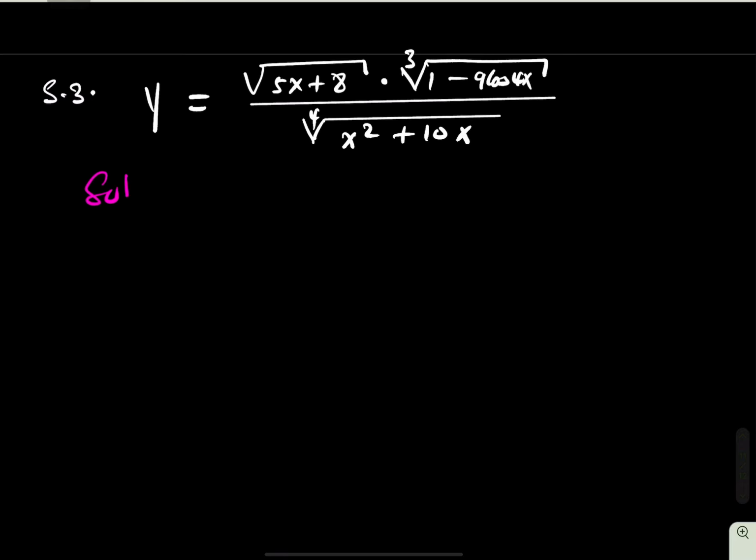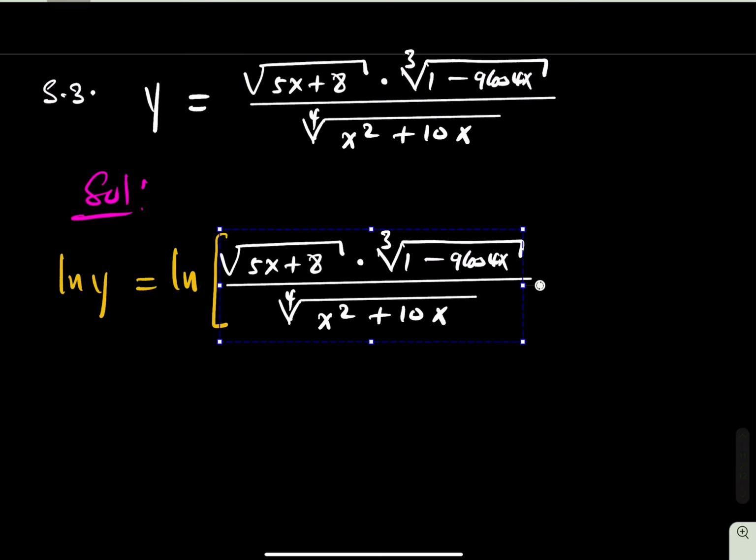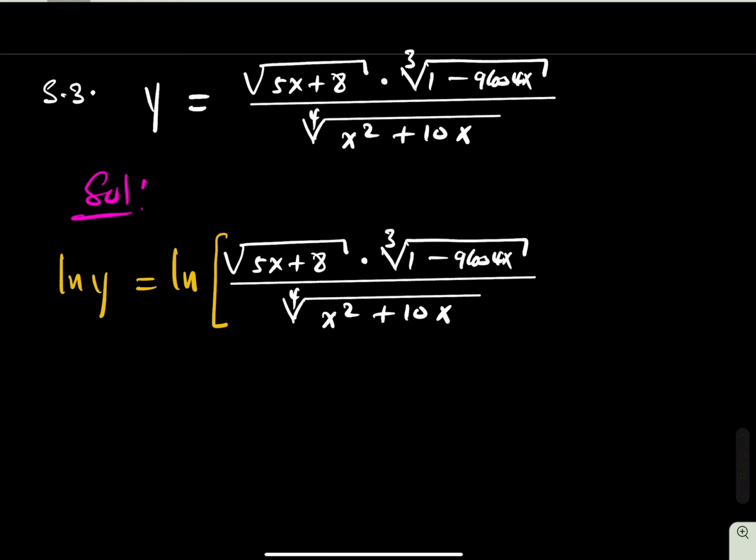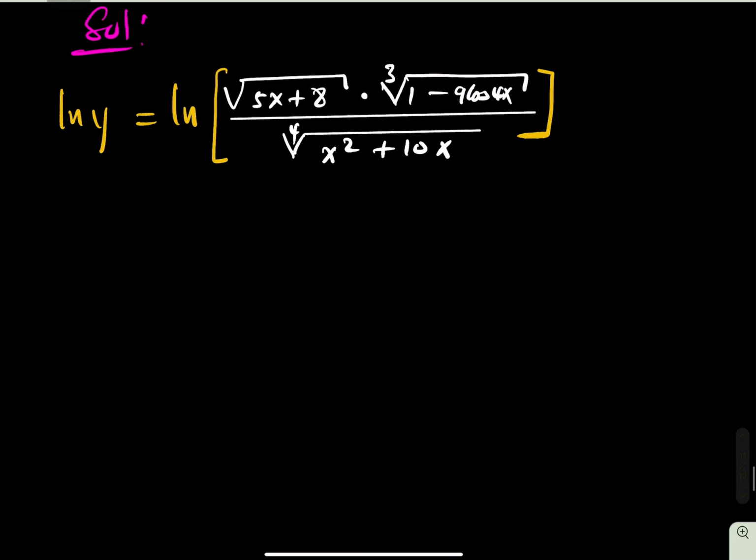I'm going to write solution. The natural log both sides of y is going to be the natural log of that stuff here. Let's see what we're going to get if we try to simplify this.